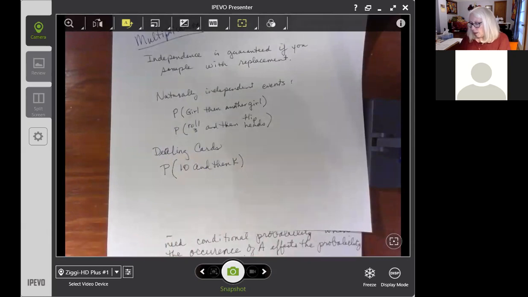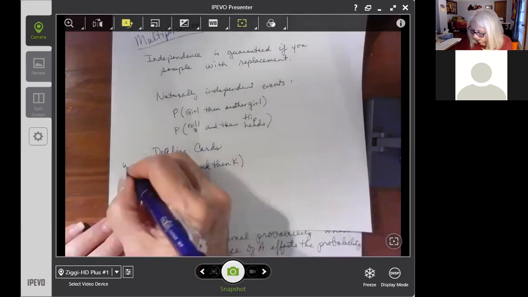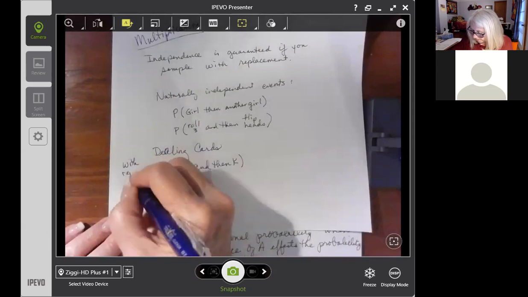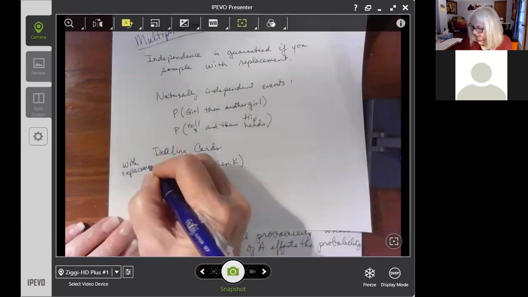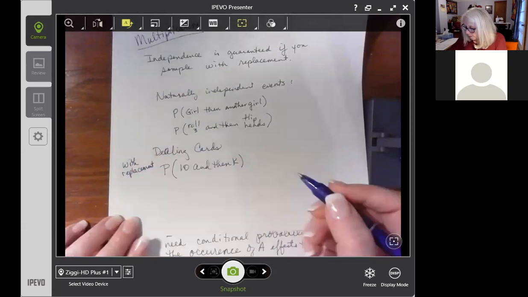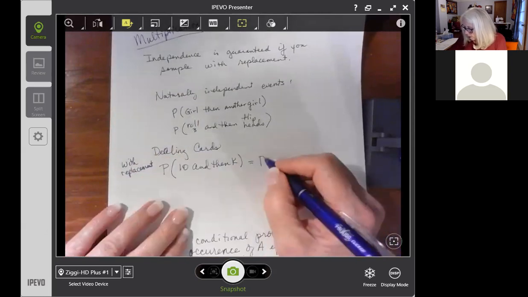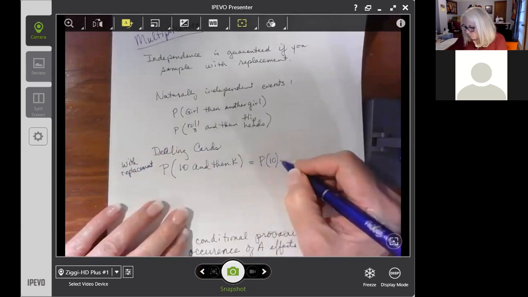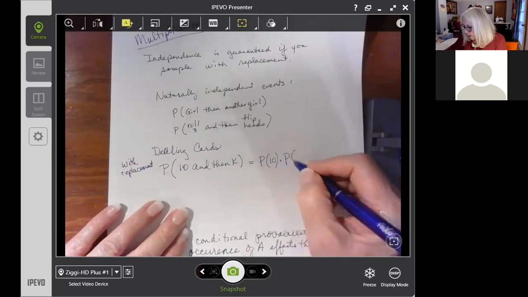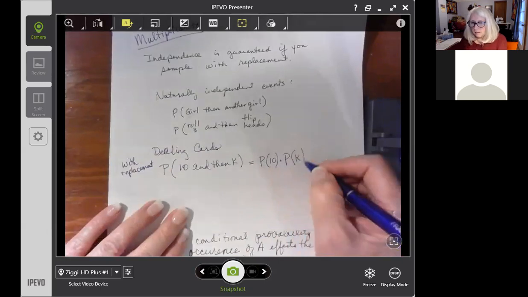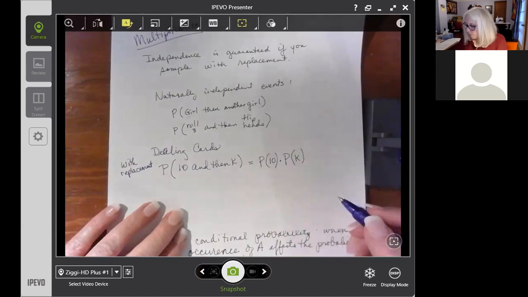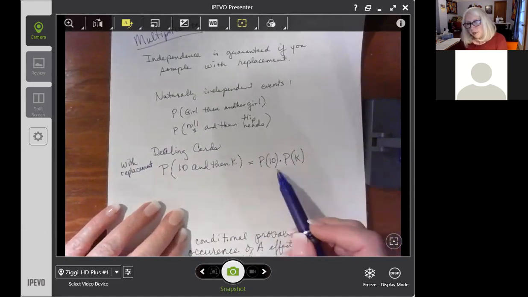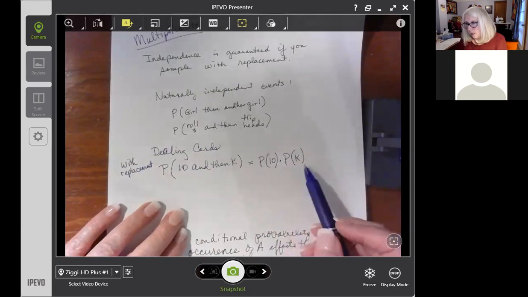So let's do it both ways. If you had with replacement, then the probability of dealing out a 10 and then a king is simply the probability of dealing a 10 times the probability of dealing the king.